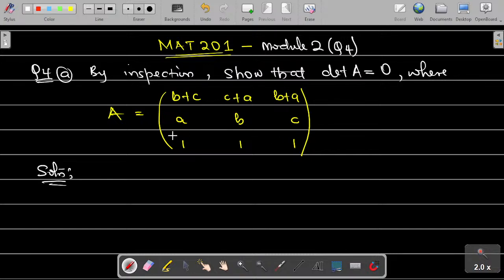What do I mean? By row reduction, in order to make this a to be 0, I will use the coefficient of this to multiply row 2, something like b plus c times row 2, then minus a times row 1, so that I'll be able to get 0 under this first row here. If I do this, you discover that everything here is going to turn to 0, and so the determinant will definitely lead you to 0.